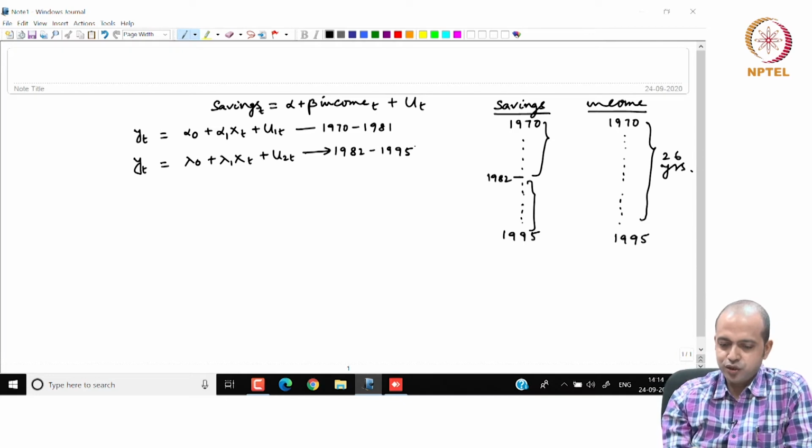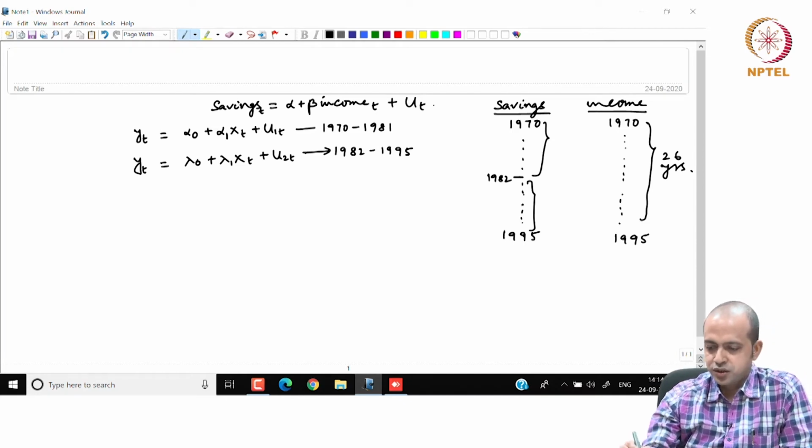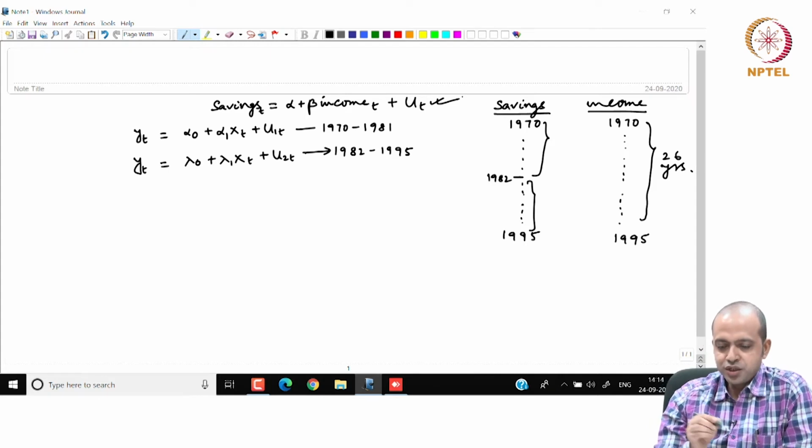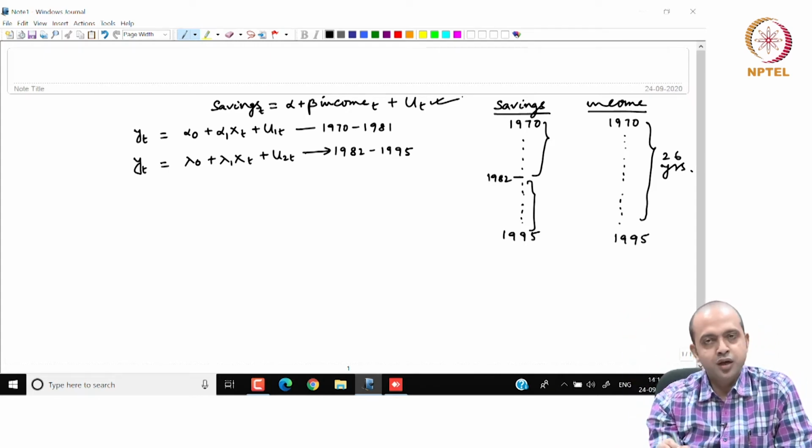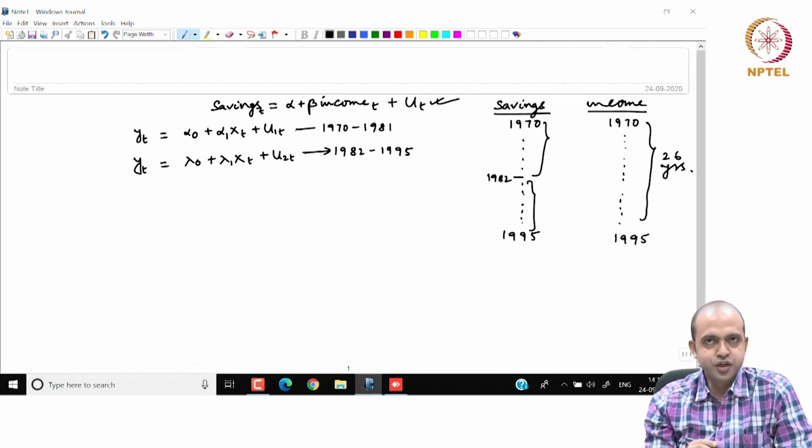And the initial equation is the restricted equation. What is the assumption we are making when we are running the restricted model?